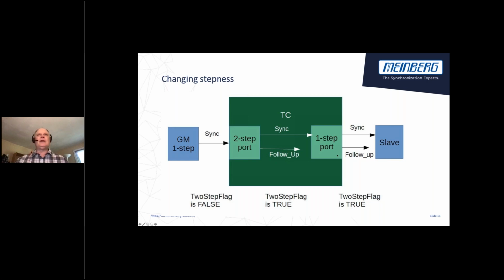However, there is also an option where you can collapse these. This 1-step port could gather the sync and follow-up message and compress them into one sync and then set the 2-step flag to be false again. That's also an option. So there's lots of combinations, and we realized we just had to make stepness a property of a port and not a clock.